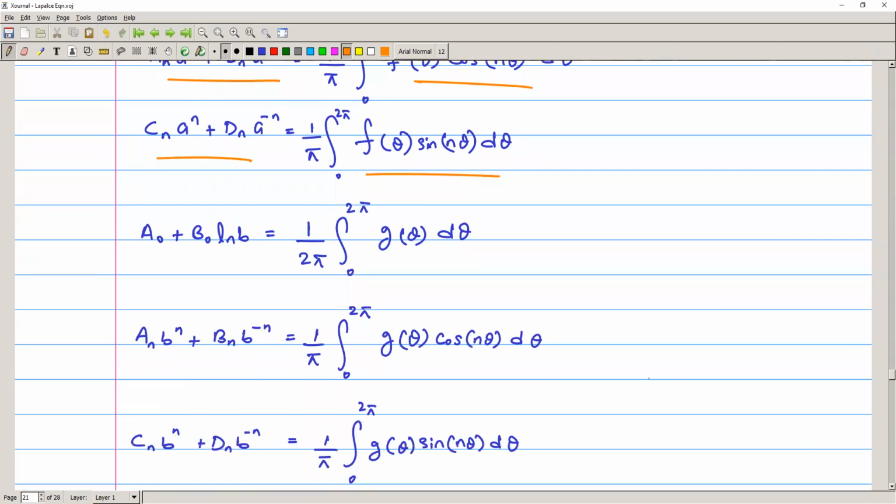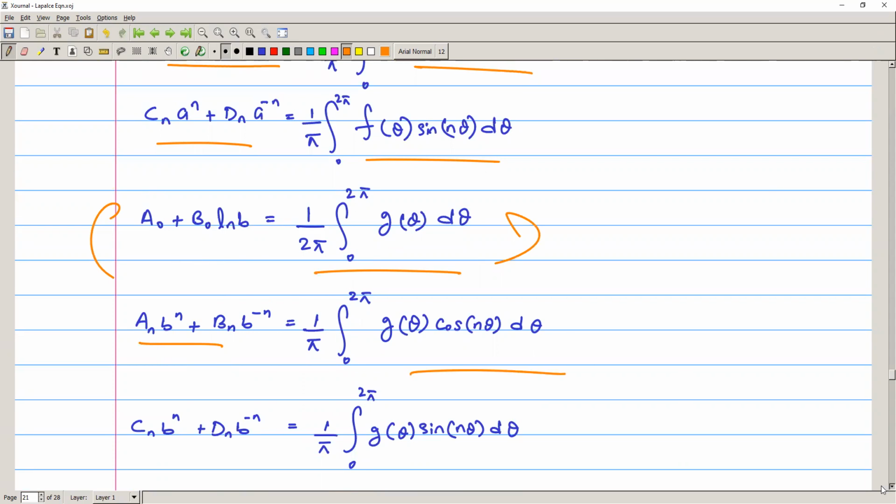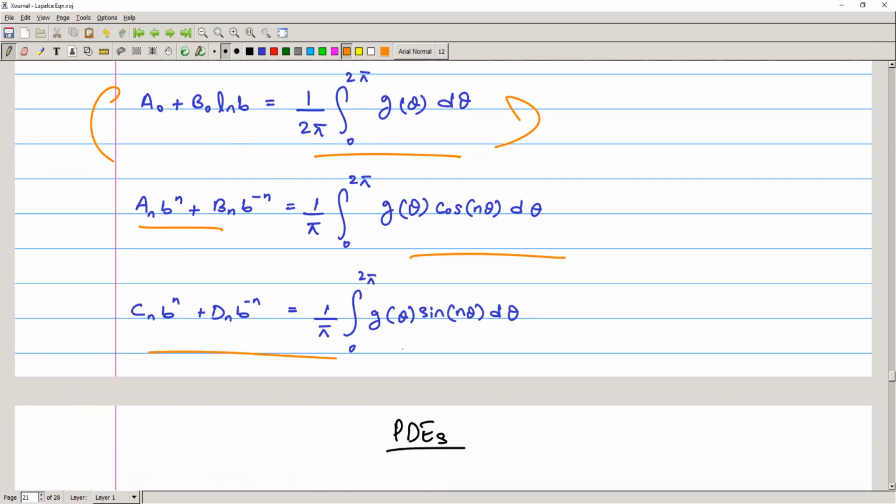Then again, from the second boundary condition we have this equation, a naught plus b naught ln b is equal to this function, and then again the coefficients of cosine and sine here, right? So this is the idea of the solution for the annulus. And if we are given some conditions like u of a comma theta is equal to 1, let's say, and u of b comma theta is equal to theta, we can easily solve by only integrating, and then we will solve these equations simultaneously, right?